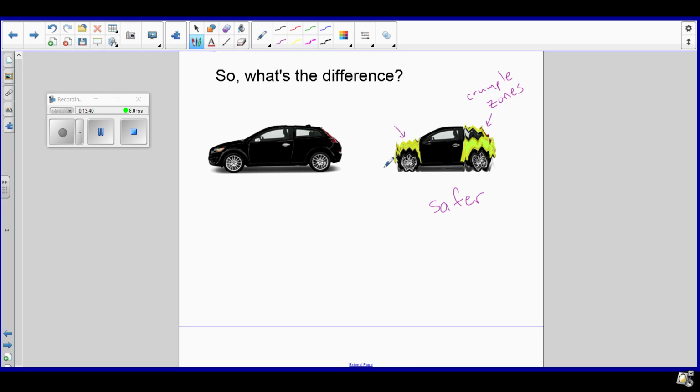So if somebody hits you head on or from behind, these crumple zones are designed to take the brunt of the impact and essentially not transfer that force or a great acceleration to the passengers.